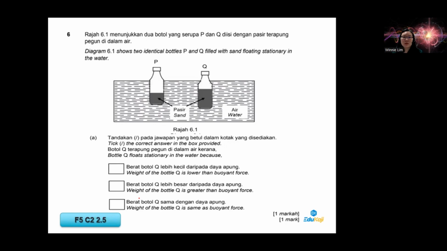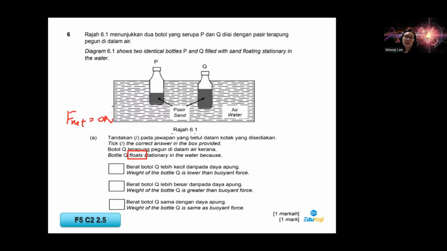So bottle Q floats stationary in the water because, the keyword is actually here, float stationary. If they do not have the word stationary, if they just mention float, by right you have some concept: any object that is floating seems like not moving, agree? So if they are not moving, you need to link with the resultant force idea. So that means the object is in an equilibrium state and they actually have a zero resultant force.